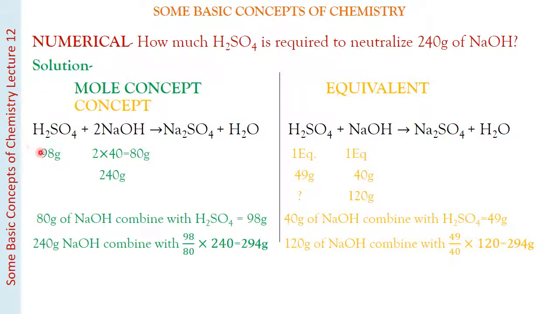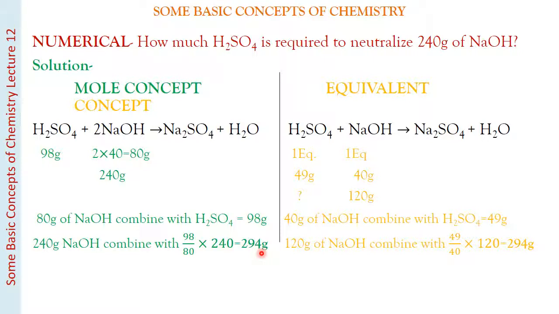So now 98 grams or 1 mole of H2SO4 reacts with 2 moles of NaOH or 80 grams of NaOH. So if 80 grams of NaOH combines with 98 grams of H2SO4, 240 grams of NaOH is going to combine with how much H2SO4? This is going to be 294 grams, right?